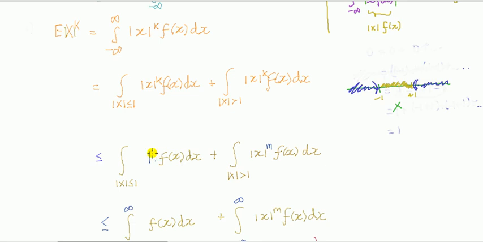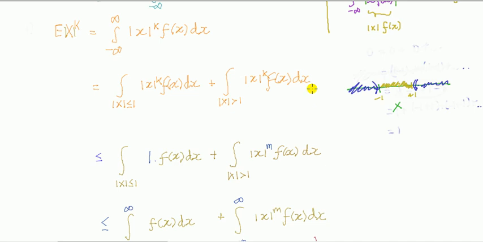So as soon as I stick a 1 there, this quantity is bigger than or equal to this. Let's look at the second term. Now I managed to get my m in here. Because x is bigger than 1, this guy is going to be bigger than this guy, and so the integral over the same space will be bigger than or equal to as well.